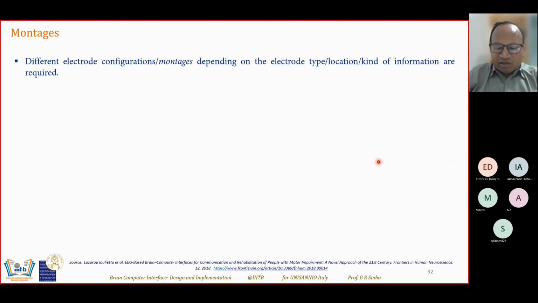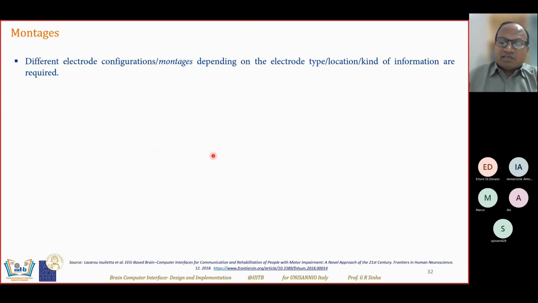All right, so montages. If you remember, in one of the slides there was a term like montage. I was telling you what that is: it's nothing but the arrangement of electrodes. Electrode configurations are called montages, and they depend on the type of electrode, the location of the electrode, and the kind of information obtained from the electrode.